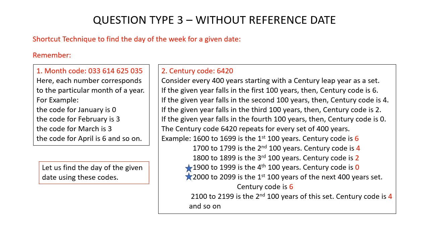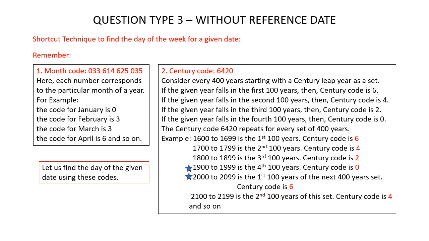The next set of 400 years will start with 2000, since 2000 is a century leap year. So 2000 to 2099 is the first 100 years of the next 400 years set. If any year falls between 2000 and 2099, then the century code for that year is 6.